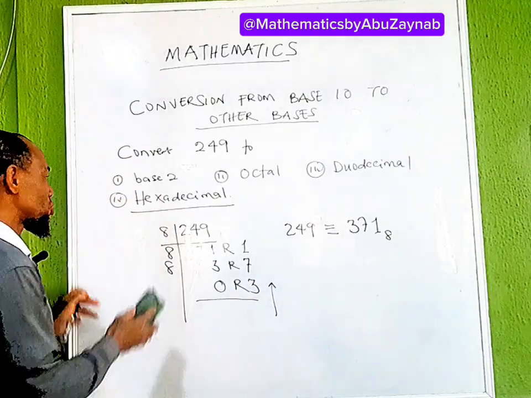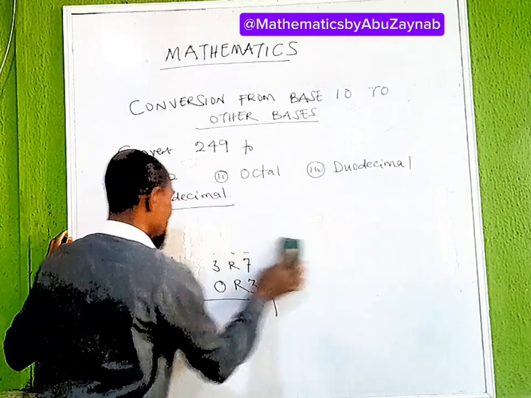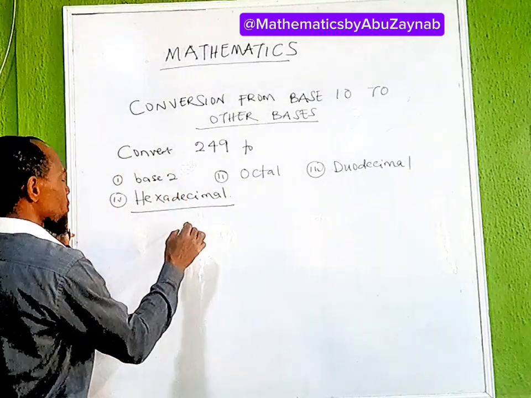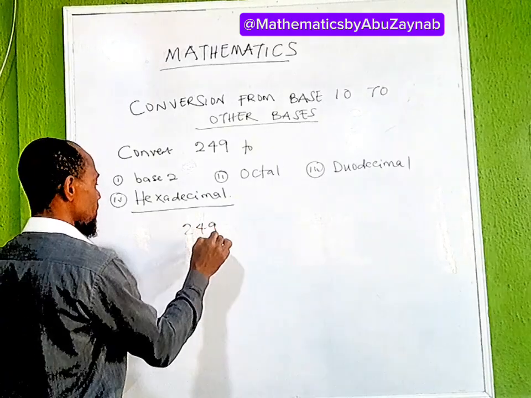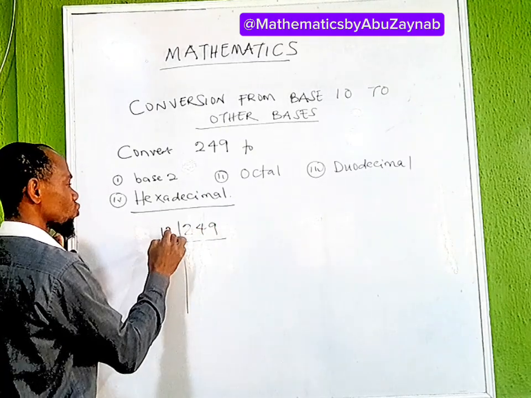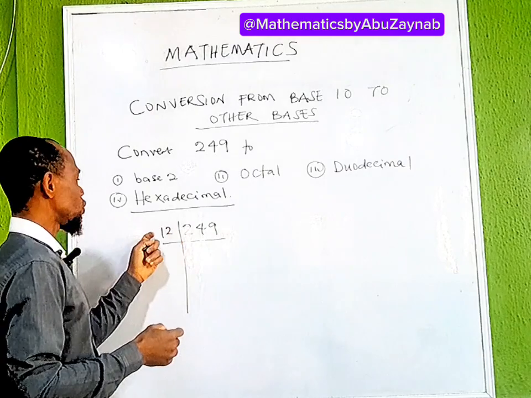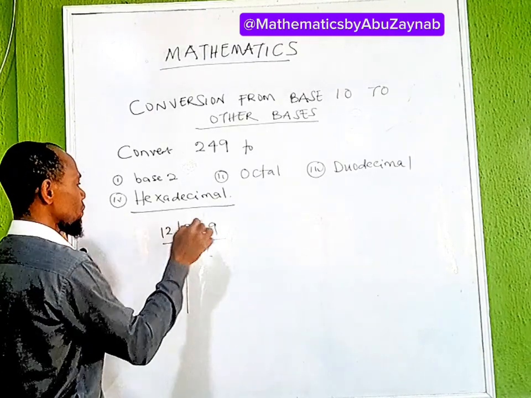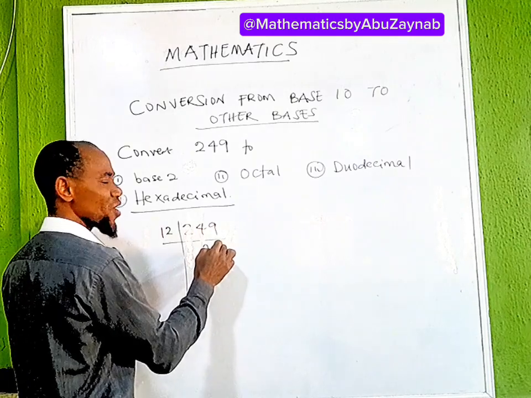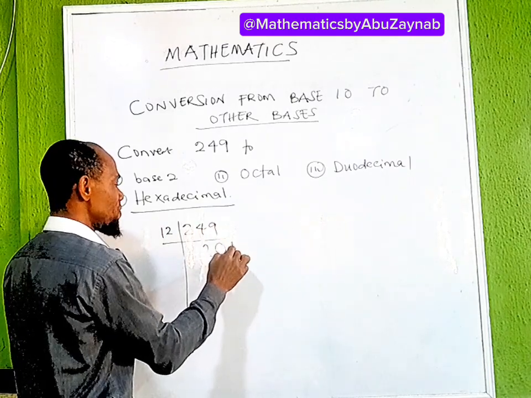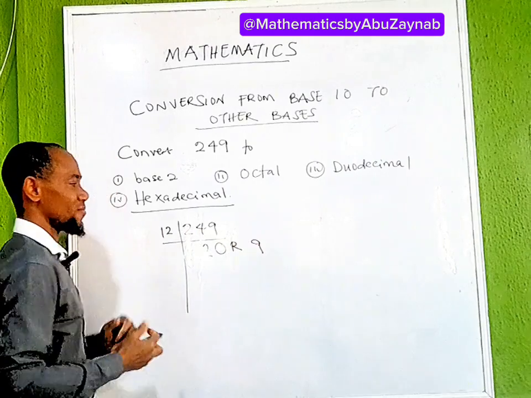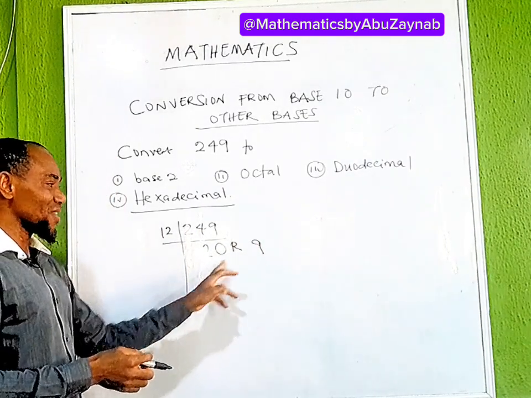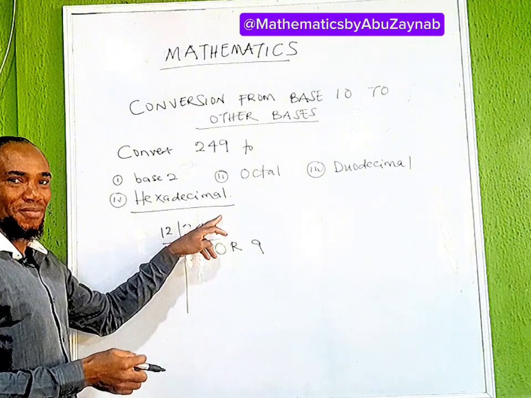Okay, now we move to duodecimal, which is base 12. For duodecimal, we are still converting the same 249, this time around, to base 12. So we go 12 in 24 is 2, and 12 in 9 is 0. 12 cannot go in 9. It is 0, remaining that same 9. In other words, 12 times 20 is 240, then plus 9, 249.